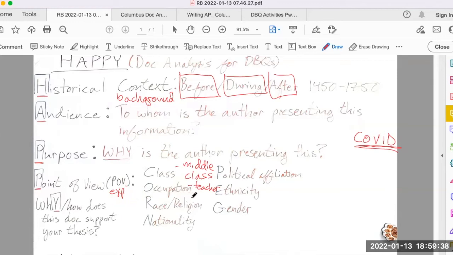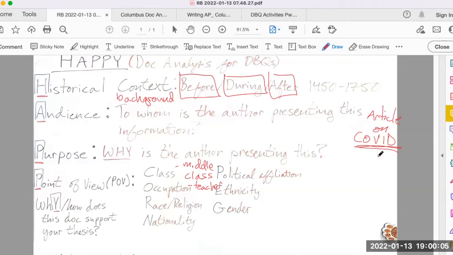Race or religion, if we're looking at my personal perspective, if I were writing an article on the response to COVID, my race is Caucasian, and my religion, we would just say the general Christian. Does my race have anything to do with my article on the response to COVID? It may or may not.